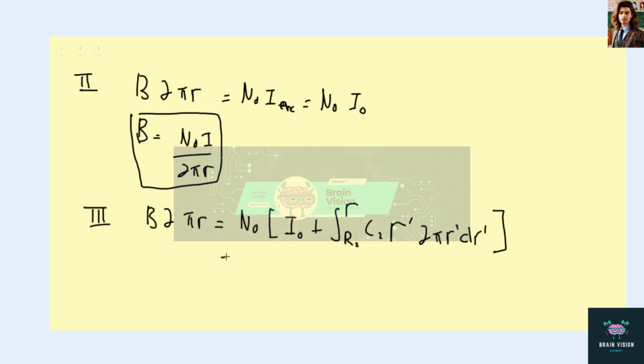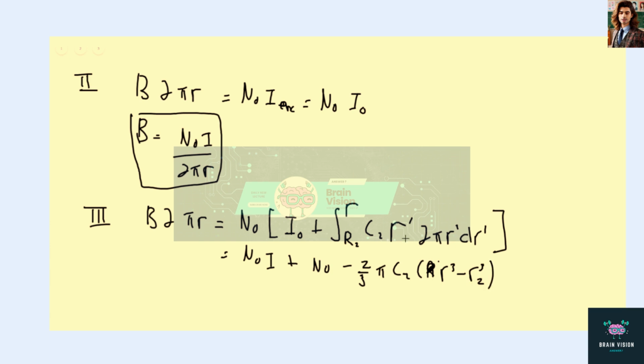And we can evaluate this, so we'll have mu naught I plus, we should have mu naught, and we will have now minus 2/3 pi C2 and little r cubed minus R2 cubed.